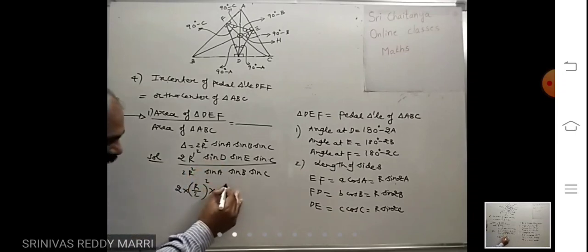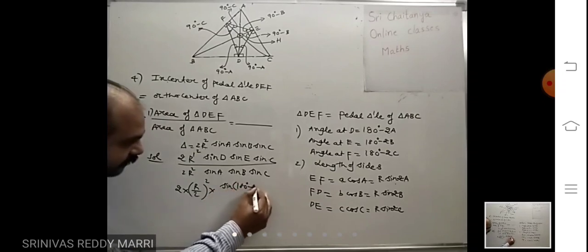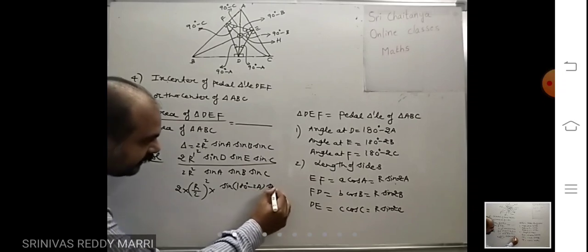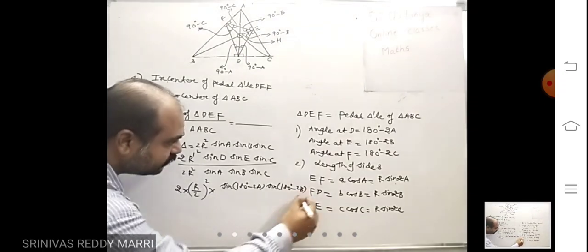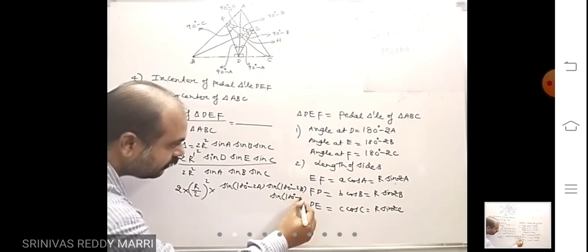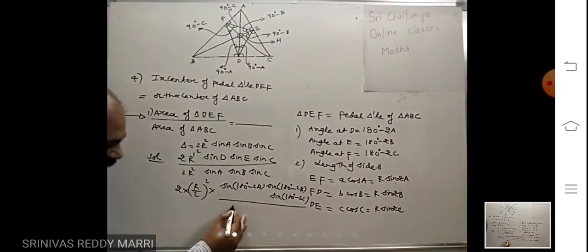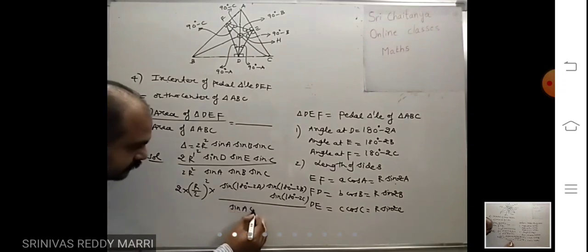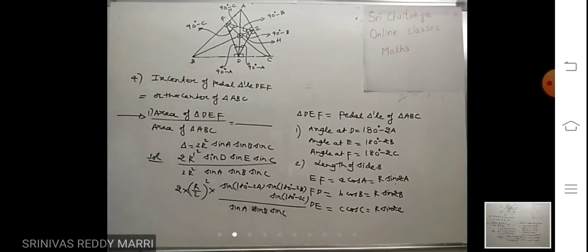So sine D is sine of 180 minus 2A, into sine of 180 minus 2B, sine of 180 minus 2C, divided by sine A, sine B, sine C, 2R square.